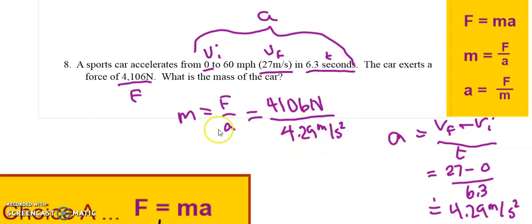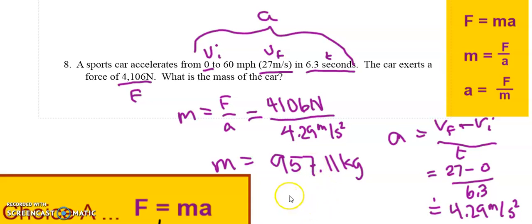When we calculate that all out, we're going to find that our m is going to equal, wow, it's a large number, 957, oh, that's just ugly. 957.11 kilograms. Okay, so that's what our mass will equal.